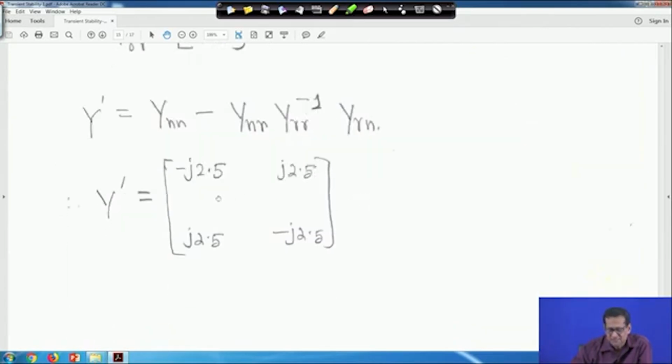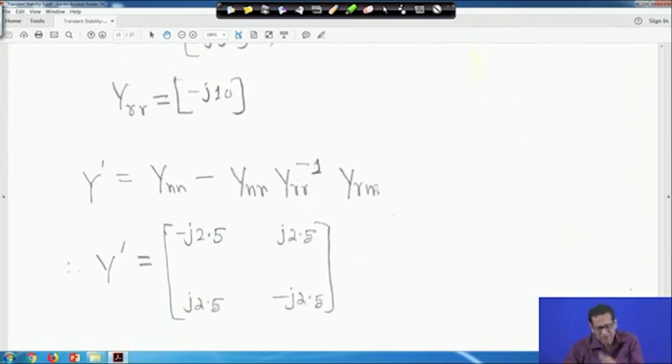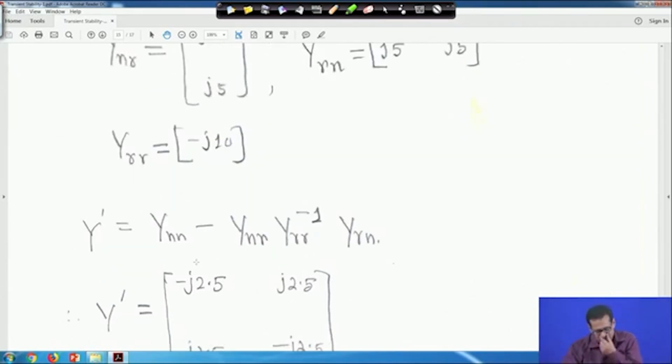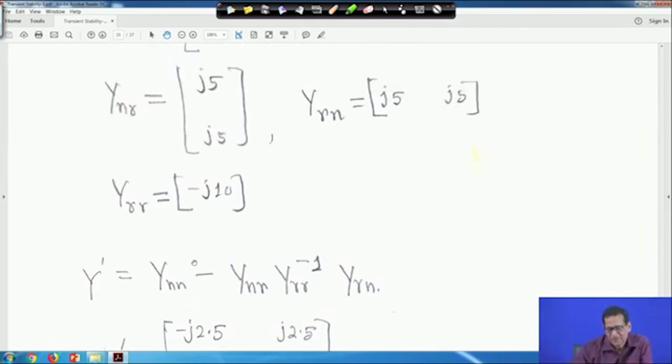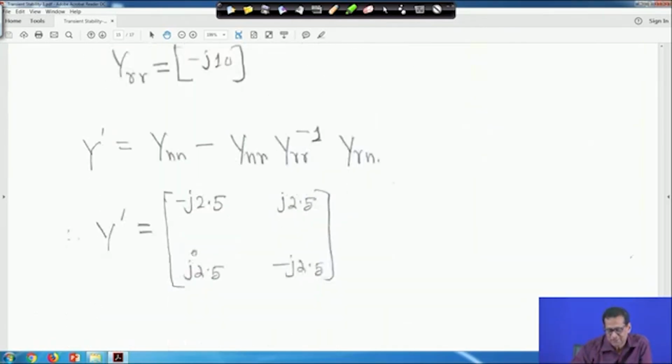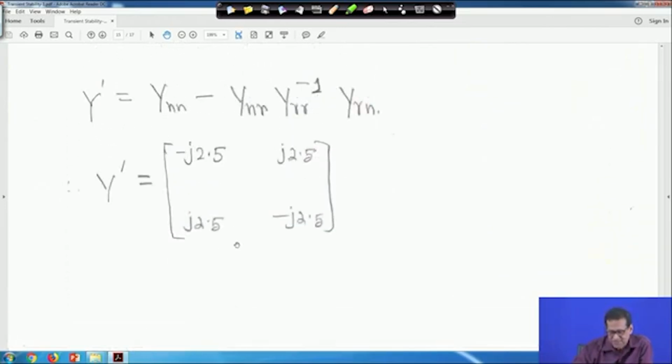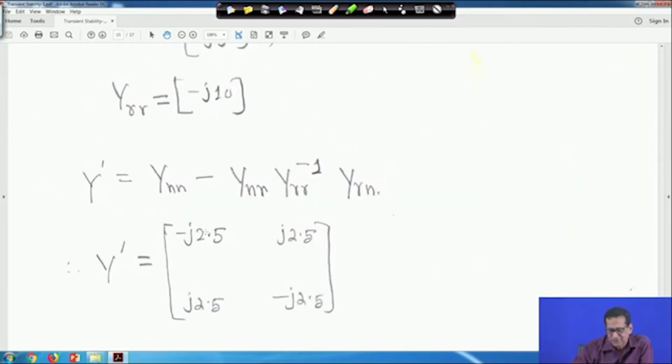If you substitute all these values and simplify, you will get Y dash equal to minus j2.5, j2.5, j2.5, minus j2.5. This is your pre-fault matrix, reduced to 2 by 2 because you have two machines.